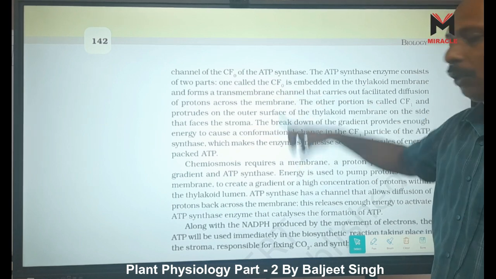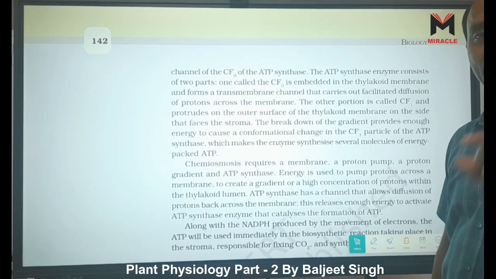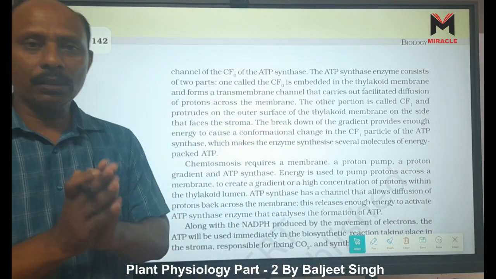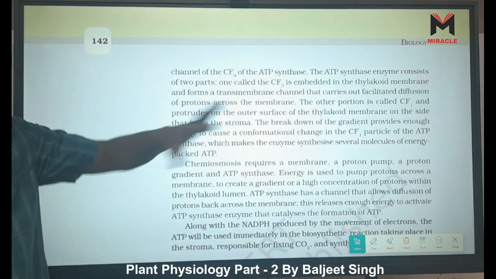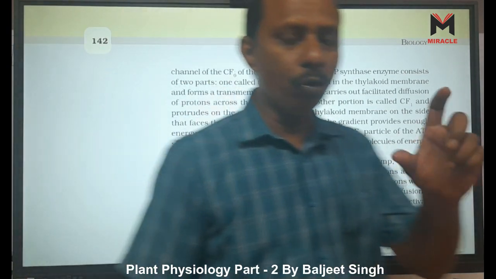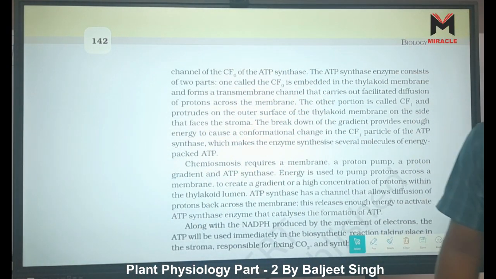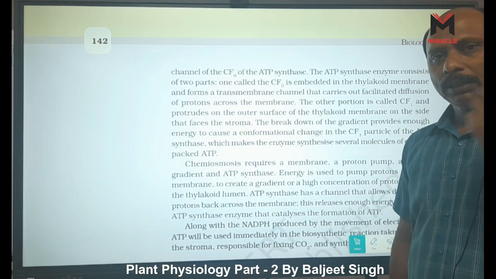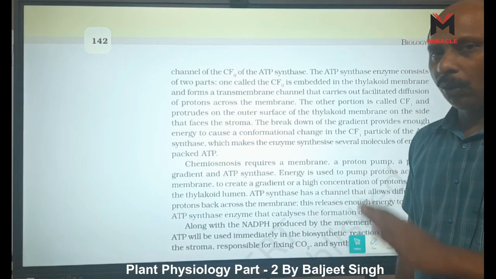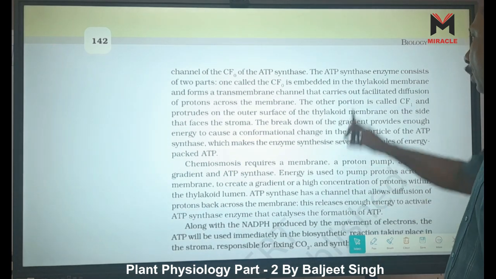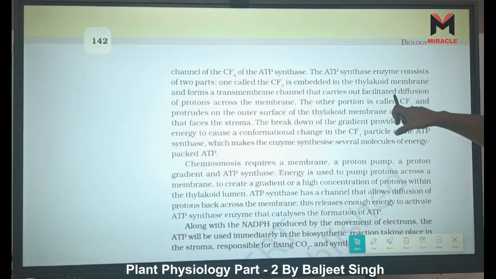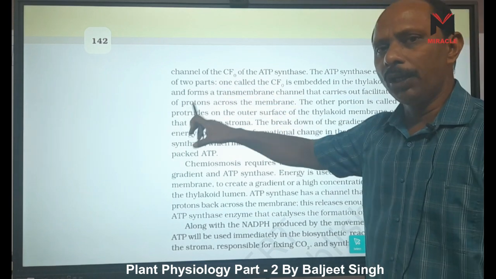So this CF0 facilitates transportation. Facilitated transportation means what? It is a uniport, meaning only H+ ions can move through this one in only one direction, from inner to outer side. This is called uniport. In facilitated transportation, no ATP is used, and it forms a transmembrane channel that carries out facilitated diffusion of protons.